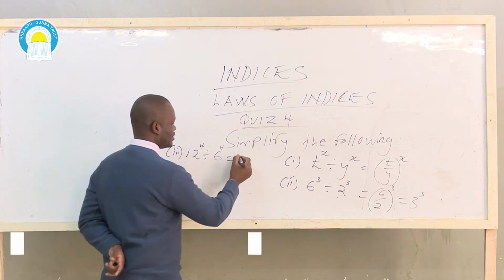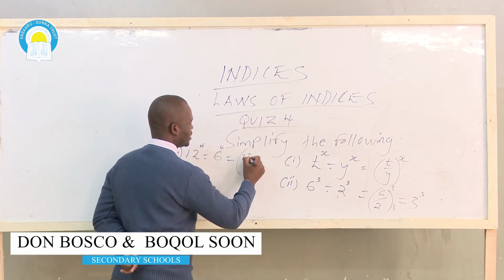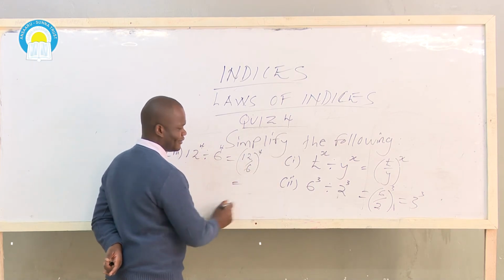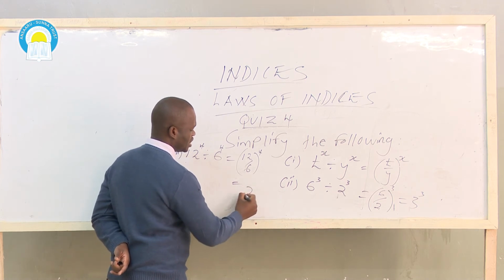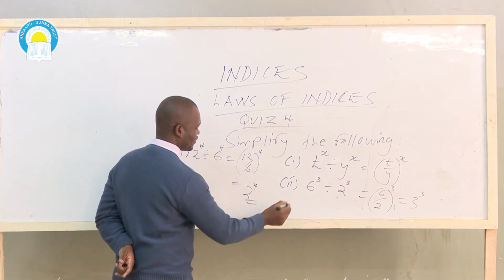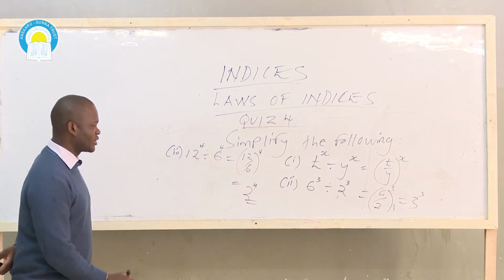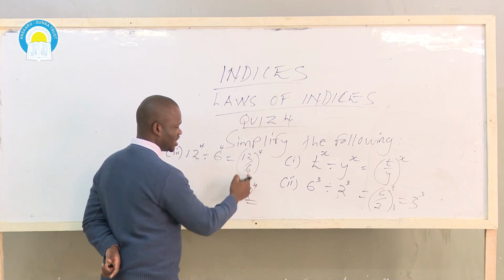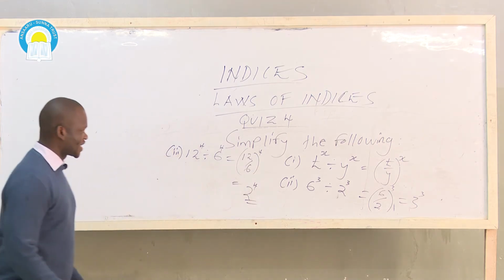What about here? We have 12 over 6 to the power of 4. This will give you 2 power 4. Of course, now 2 coming from simplification of what is inside this bracket.